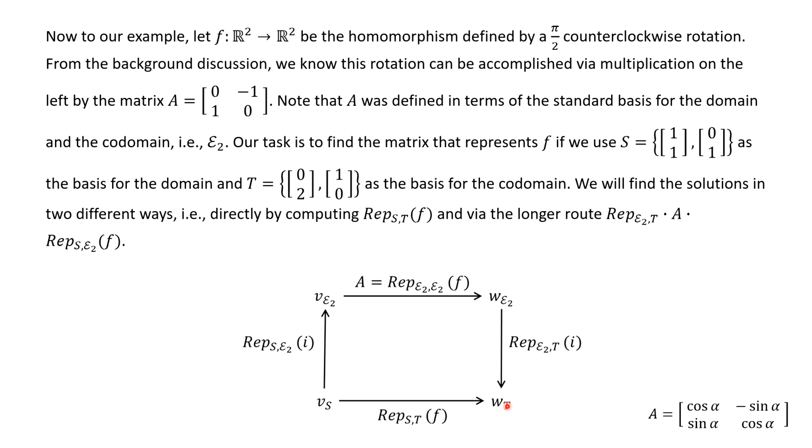We can directly compute the representation here, this matrix, using S and T directly, or we could take this other path. We can convert the vector v in terms of S to the representation in terms of the standard basis, and then use our matrix A here, and then convert from the result w, which is in the standard basis, to the basis T. So we'll show both ways on the next slide.